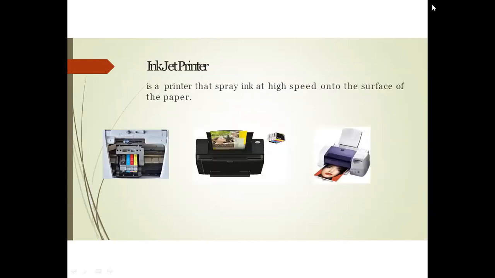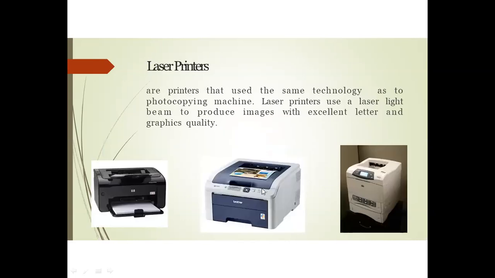So this is an example of the inkjet printer. So it's a printer that sprays ink at high speed onto the surface of the paper. The next one is the laser printers. Printers that use the same technology as the photocopying machine.